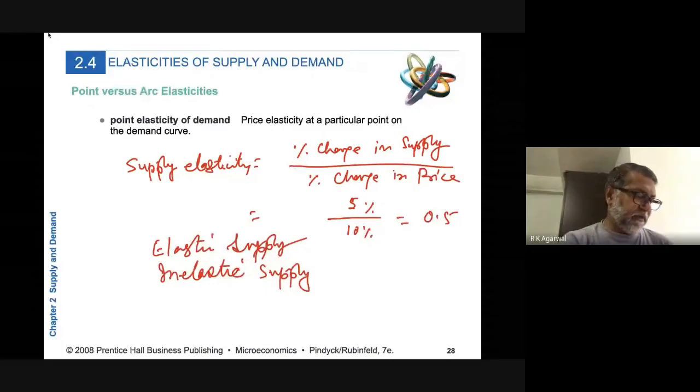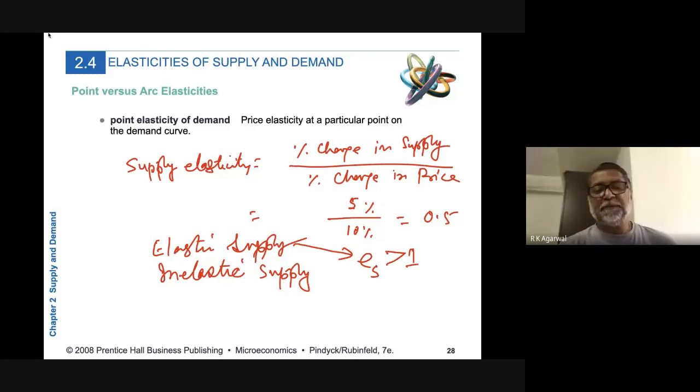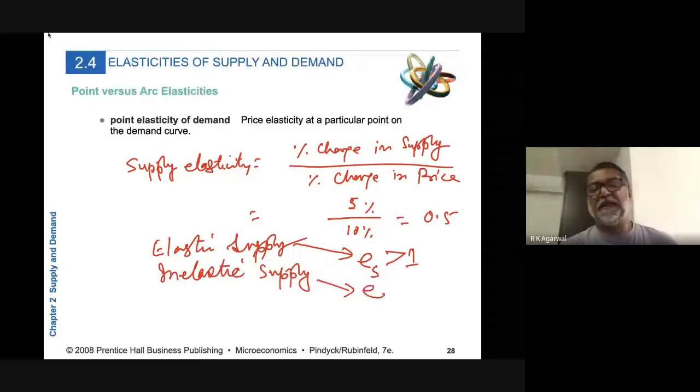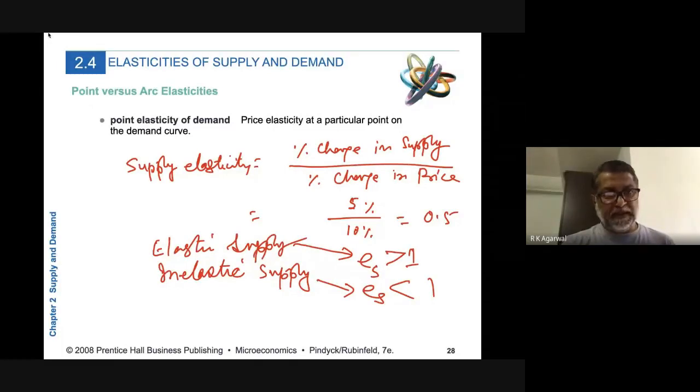If elasticity of supply is greater than 1, then it will be called elastic supply. And when will supply be inelastic? When elasticity of supply is less than 1. So basically, we need to know the elasticity of supply because that suggests how quickly you can change the supply, or how responsive is change in supply to a change in price.